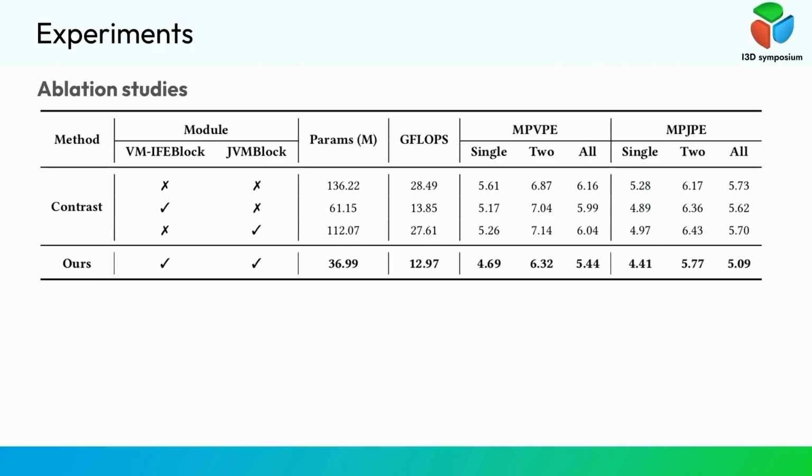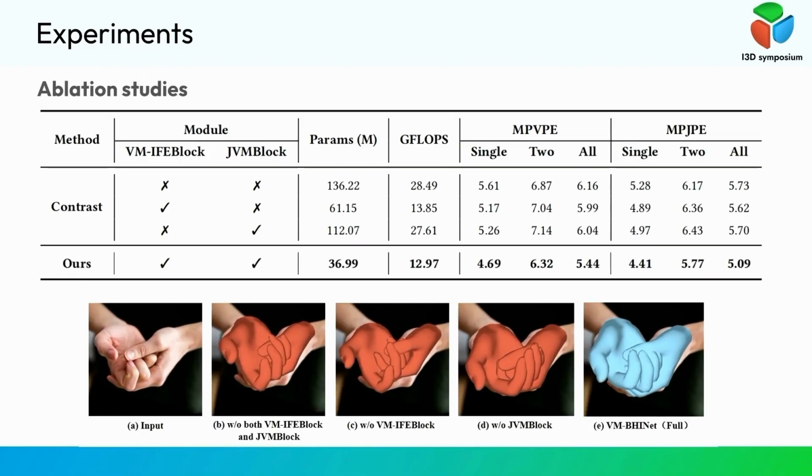It successfully reduces both MPVPE and MPJPE, while also lowering the parameter count and computational complexity. Additionally, the qualitative ablation study results highlight that the full model outperforms versions that exclude certain components, further validating the effectiveness of our approach. This comprehensive analysis reinforces the advantages of integrating these blocks to enhance model performance.